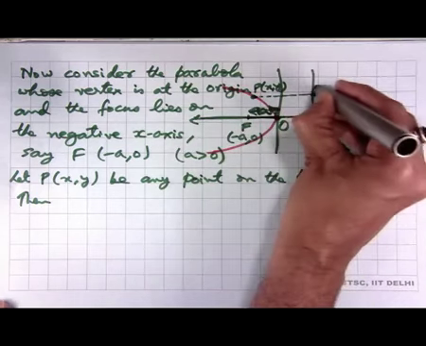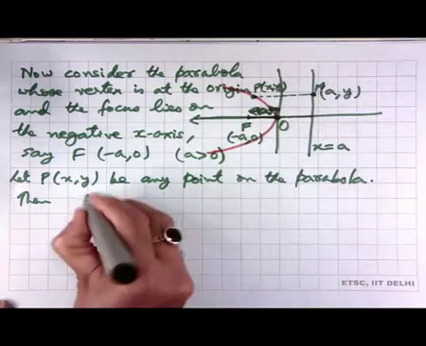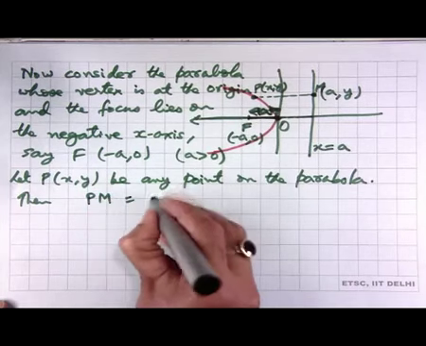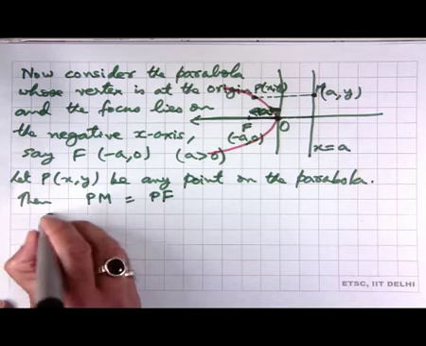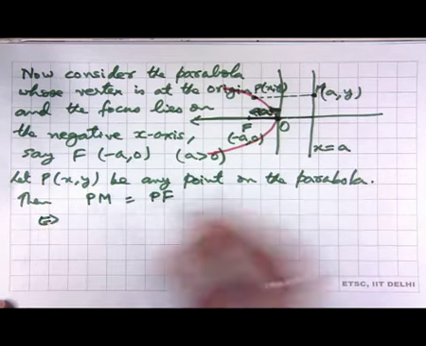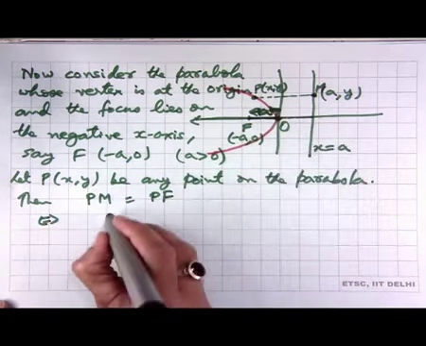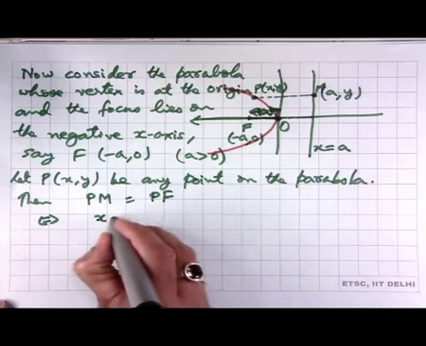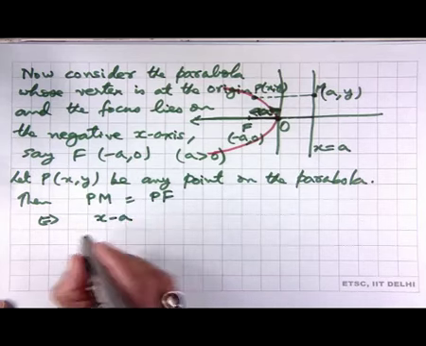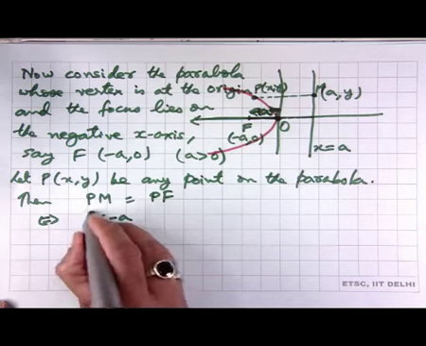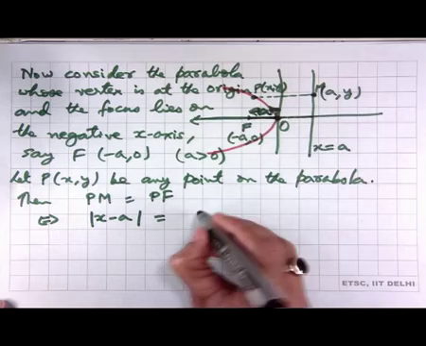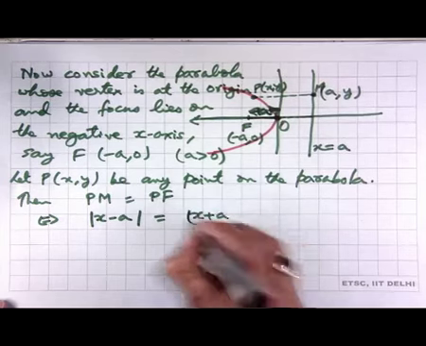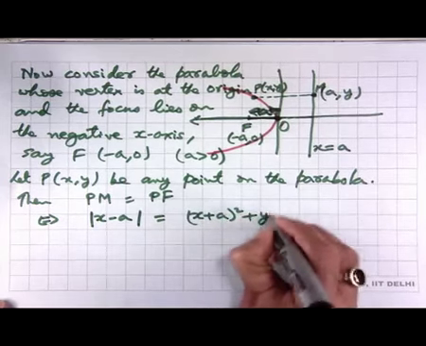So, the distance p m is equal to p f, that is mod x minus a, this is equal to the distance of p to f, which is square root of x plus a square plus y square.